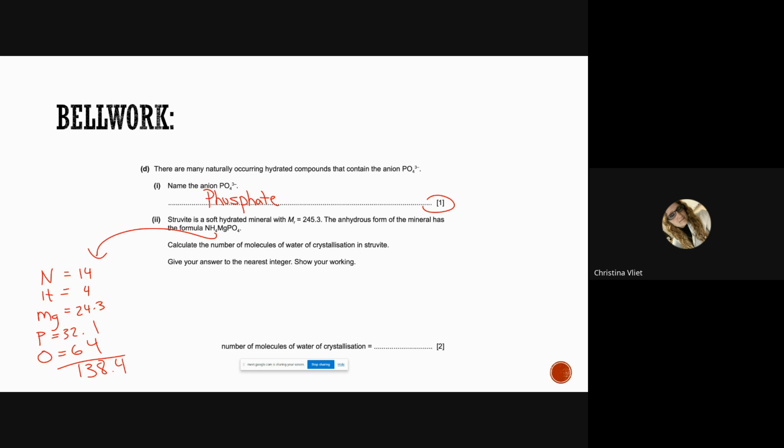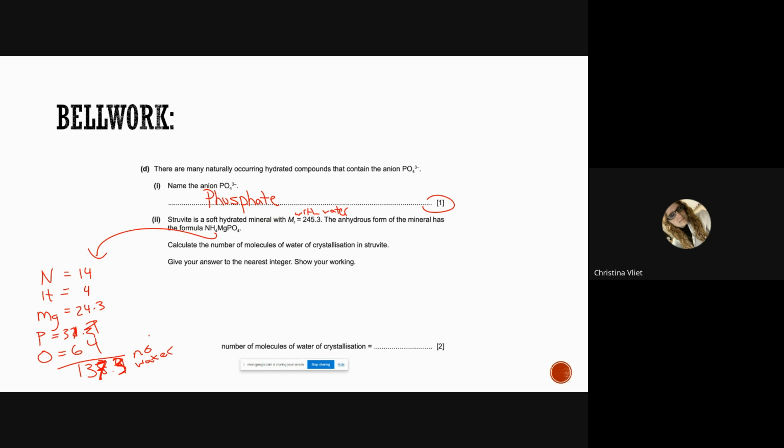I got the molar mass of NH4MgPO4 with no water, and this is with water. Phosphorus is 31. It's not going to affect your answer because you rounded to the nearest whole number. So 137.3 without water, and with water, 245.3.